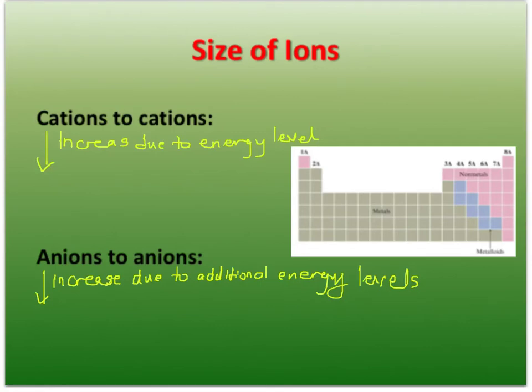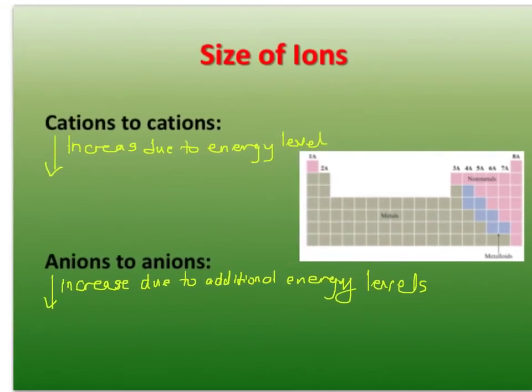Now, what happens as we go left to right? Or right to left. As we go right to left, we're going to have a smaller effective nuclear charge because we're decreasing the number of electrons, keeping the number of protons the same. So we're going to decrease the Zeff.